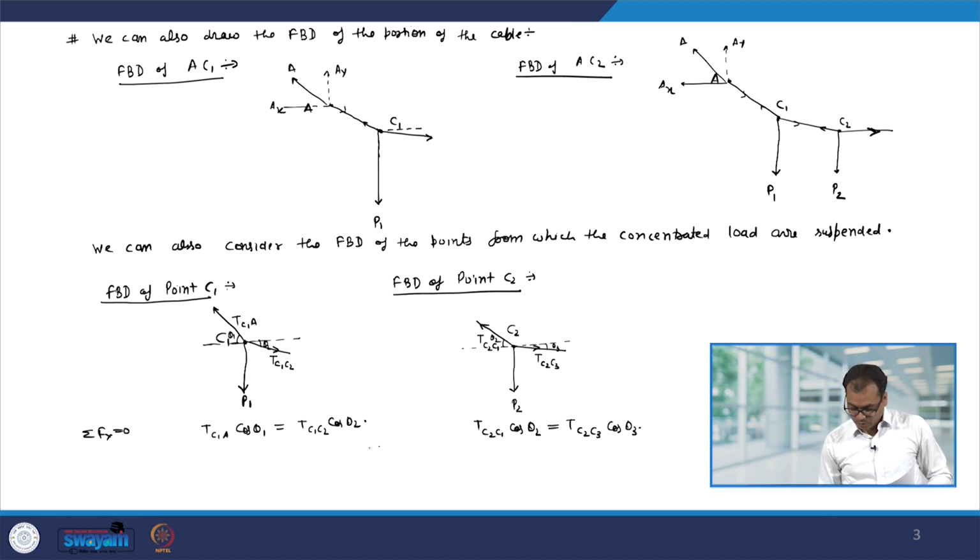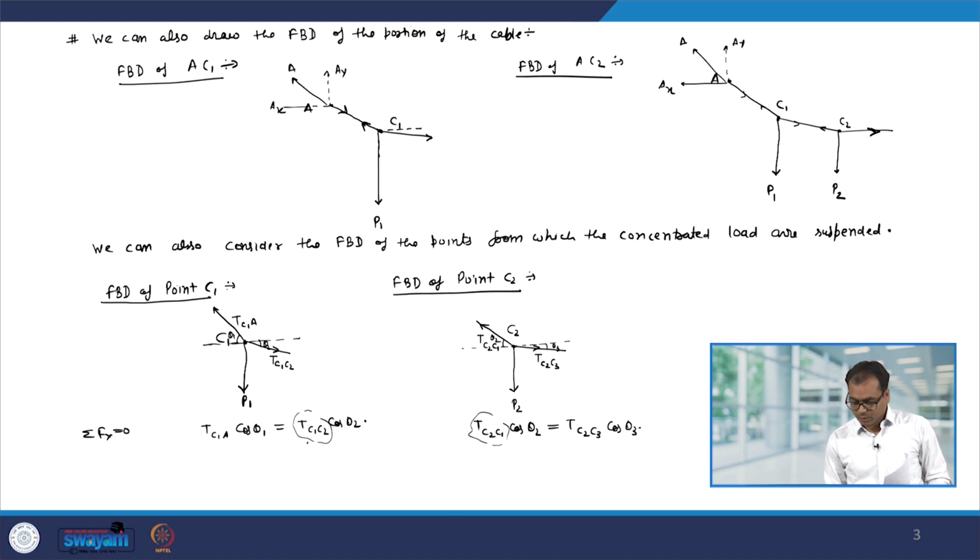So, as I said, over here this force is equal to that force. Either you take from C1 to C2 or C2 to C1.